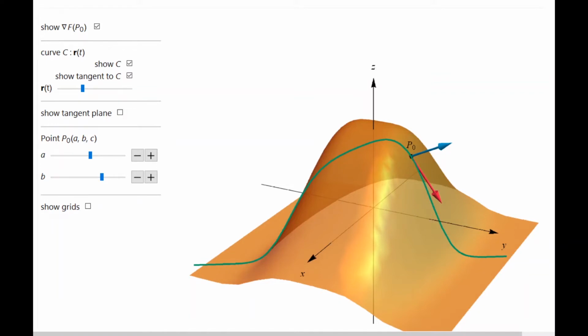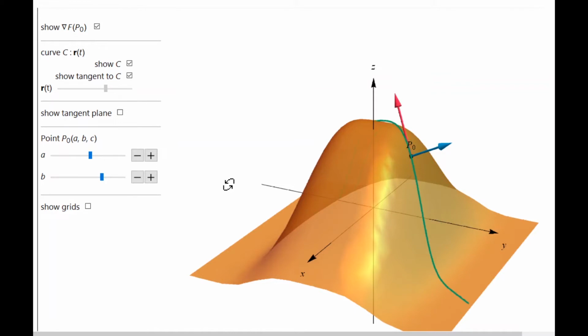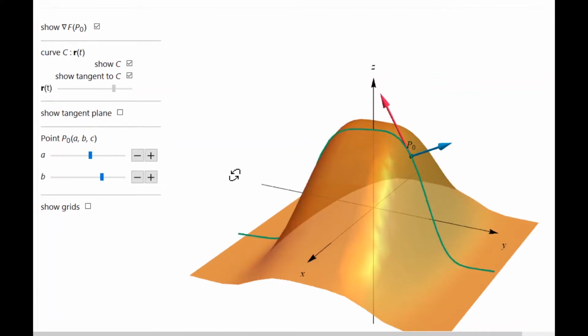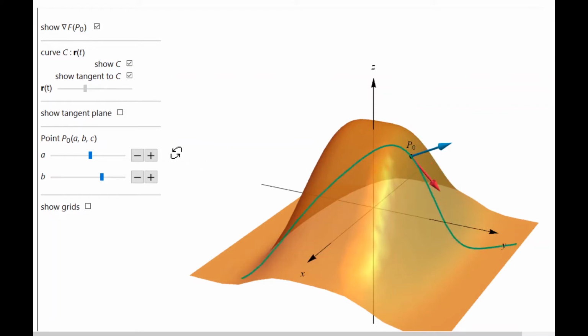Okay? Now in green there is a curve that is on that level surface, and we could see the tangents that point tangential to the level surface, and we could change r of t. We could change its direction, right? As long as it stays on this level surface, then for any direction you choose that's along the level surface, the gradient will be orthogonal.